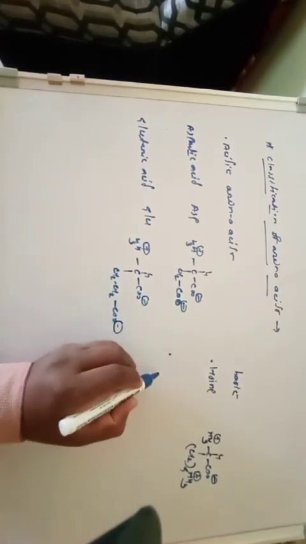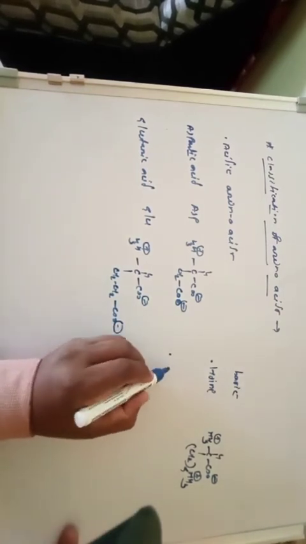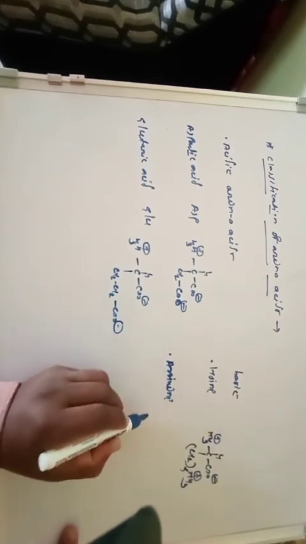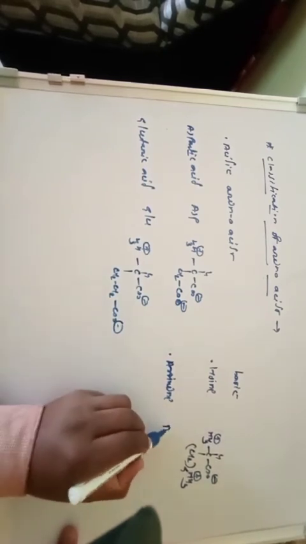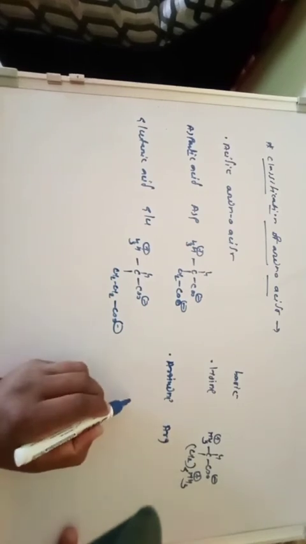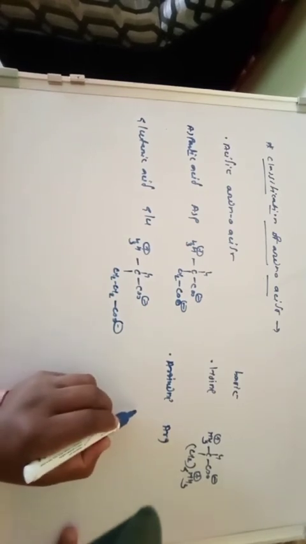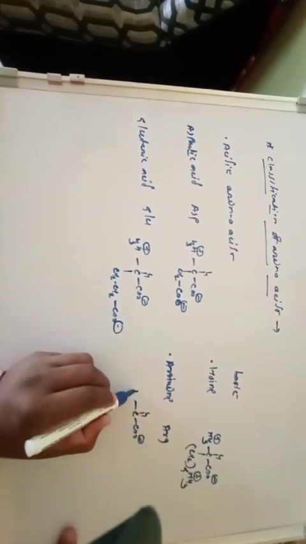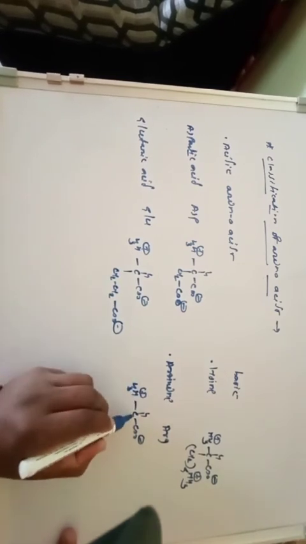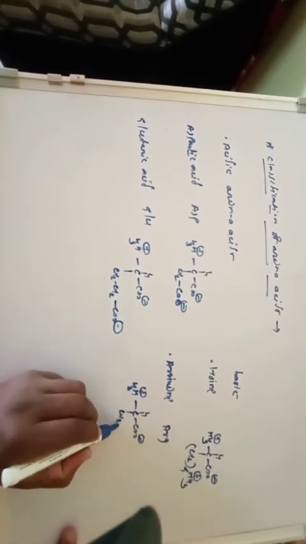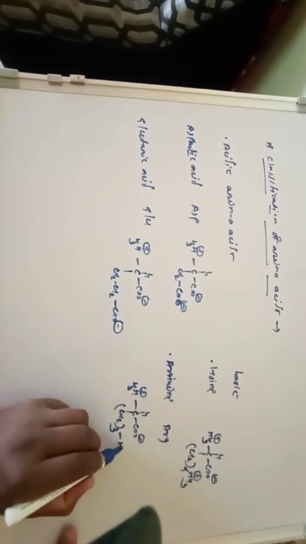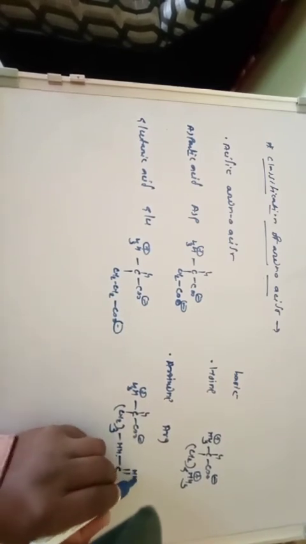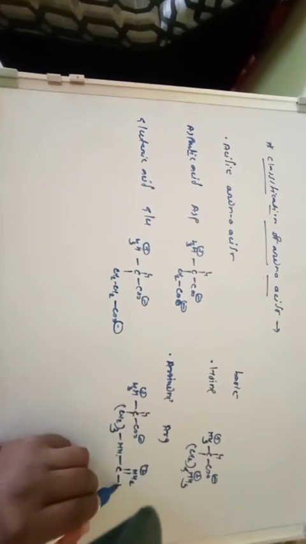Then the next one is your arginine. The symbol is ARG, and the structure of arginine is CHCOO minus, NH3 positive, then it has CH2 three times, NH, the carbon double bond NH2 positive, and this is your NH2.